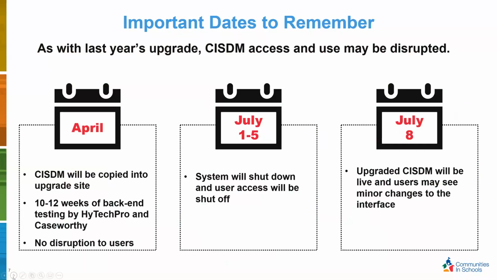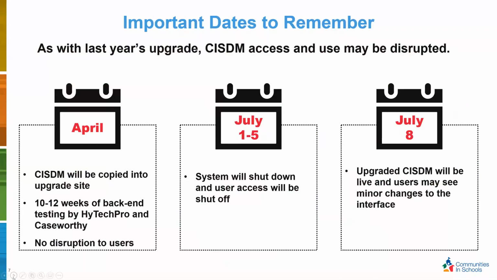So after last year's upgrades, reporting was an issue. So wondering if the reporting side of the upgrades will be available sooner after these upgrades are made. Everything that is basically live in production in our current system site now, or as of April, will be pulled over into that upgraded site and tested, and that includes all reporting features, the hierarchy from all levels, in each role as a site coordinator, data administrator, state admin.